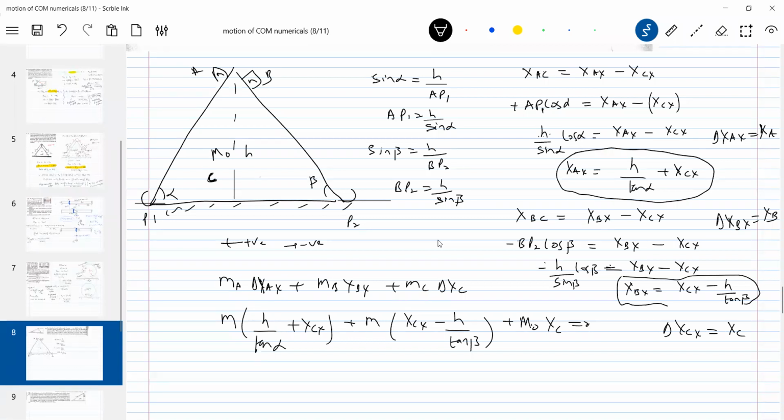So therefore, XC should be equal to M H times (1 by tan alpha, 1 by tan beta) all divided by M plus M naught, where M naught is capital M. So 1 by tan alpha, cot alpha, you can write it.